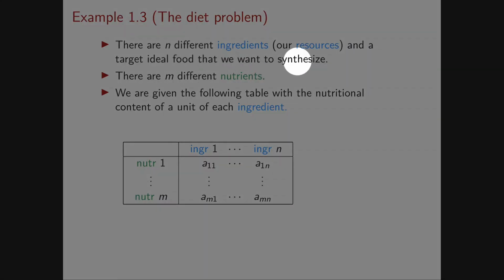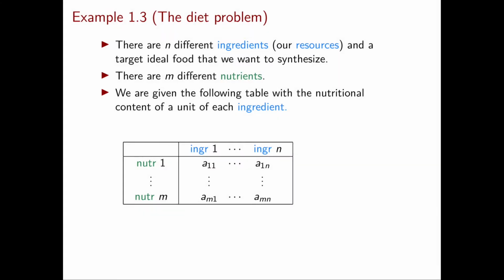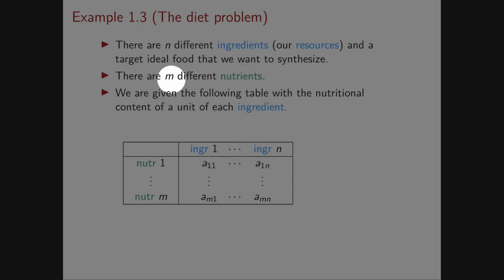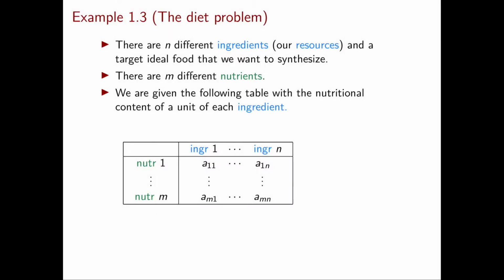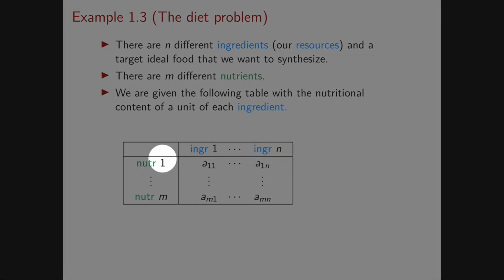Now, every ingredient, as well as the ideal food, contains exactly m different types of nutrients, and we know exactly how much of each nutrient is contained in each ingredient. For example, in ingredient 1, we have A11 units of nutrient 1, and so on and so forth, Am1 units of nutrient m.